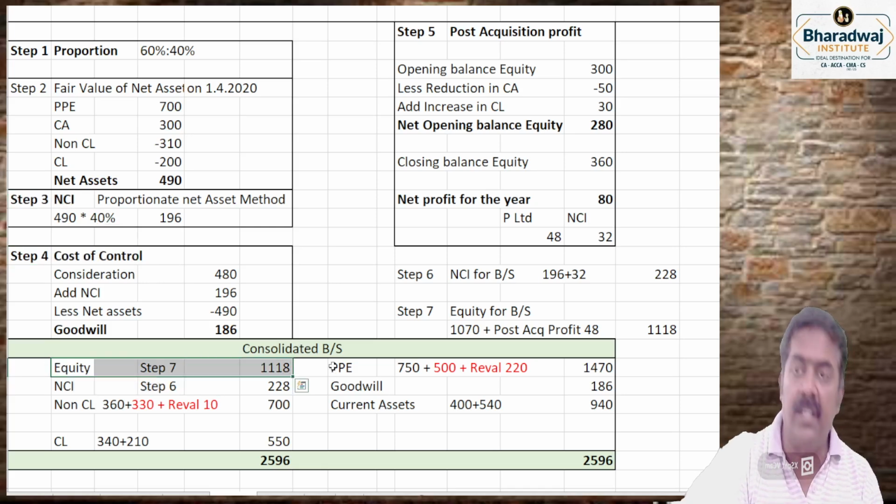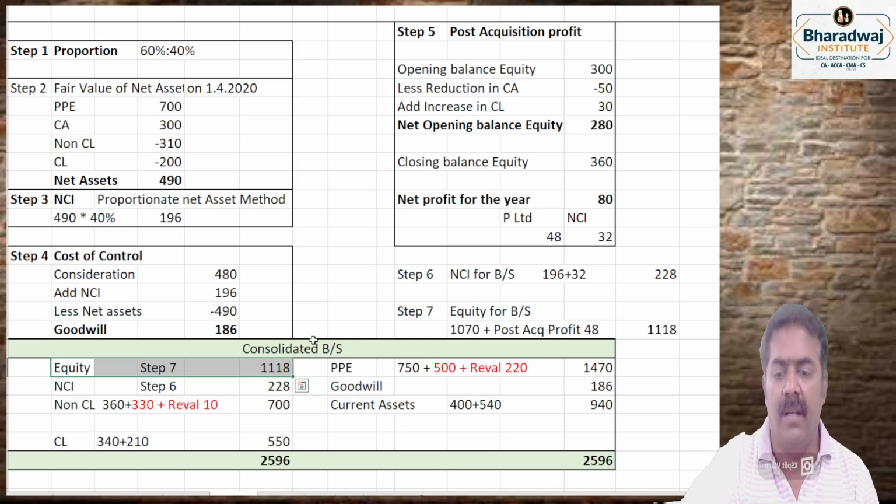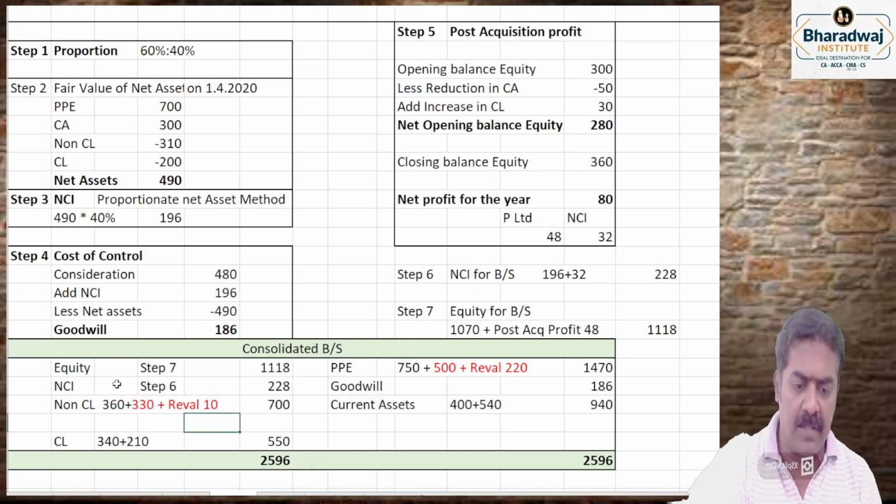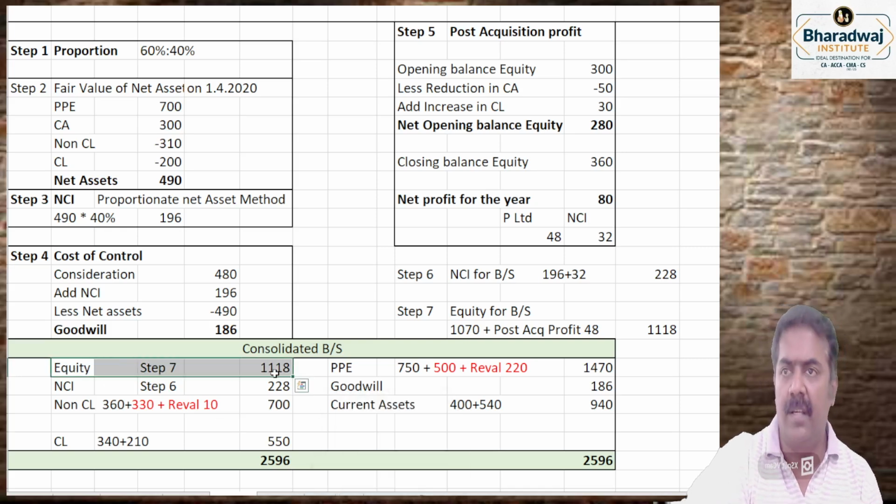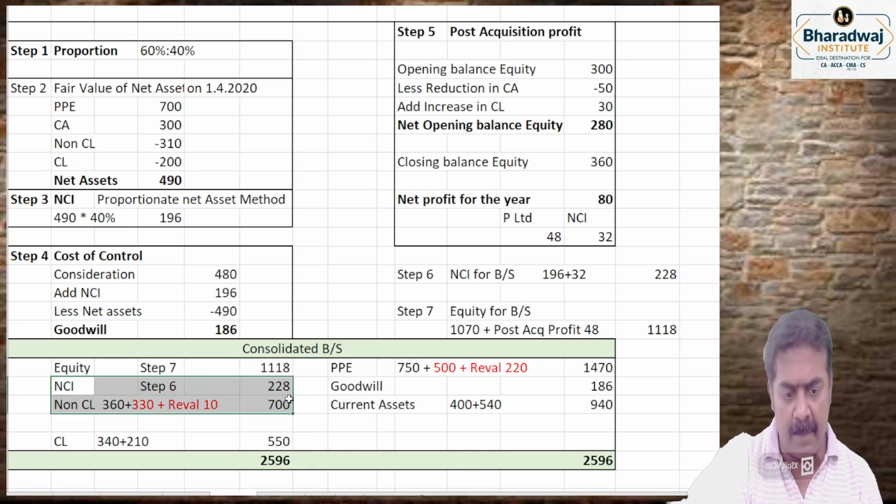Please remember, we are not given bifurcation of capital and reserves and surplus. Equity includes capital plus reserves and surplus.